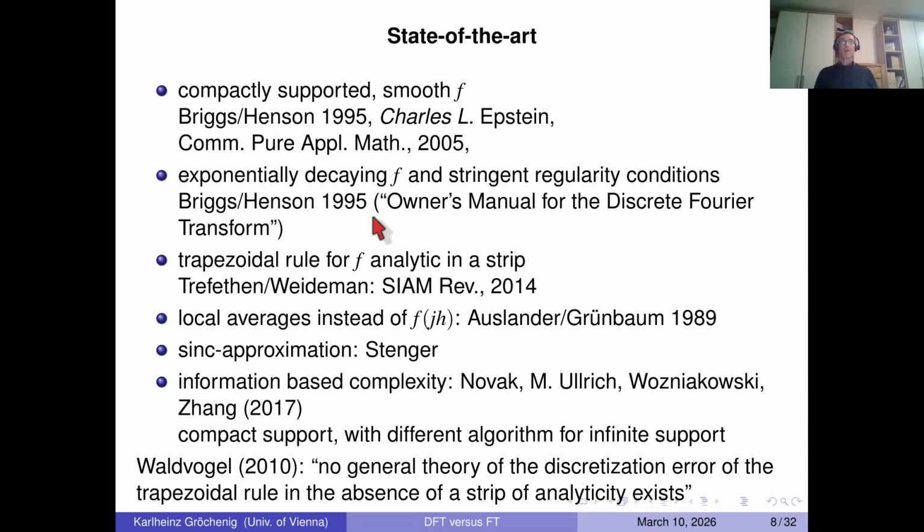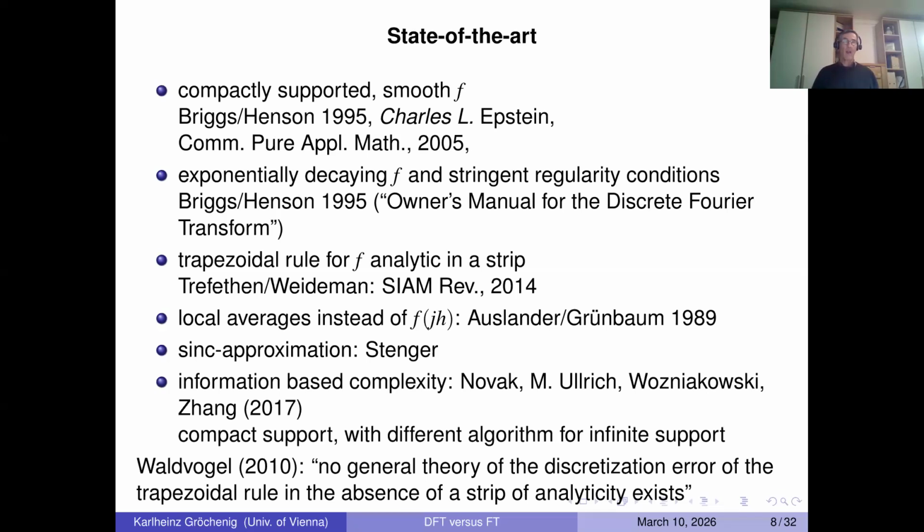In a very interesting owner's manual for the discrete Fourier transform, you could say whenever you approximate an integral, the error analysis is via the trapezoidal rule. Tons of literature on that. What's interesting, however, is that the generic function class for which the trapezoidal rule is analyzed is analytic on a strip around the real axis.